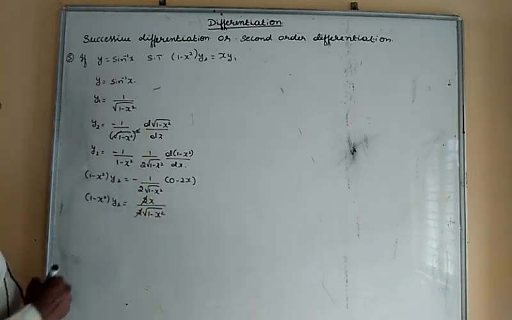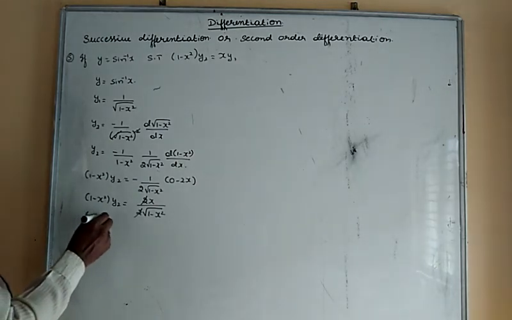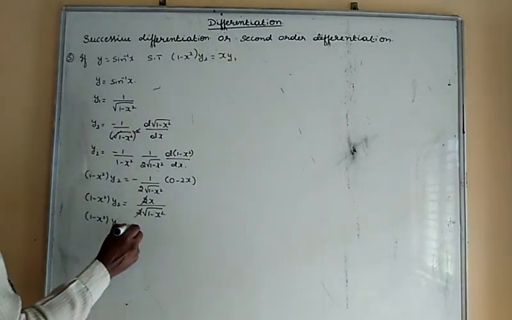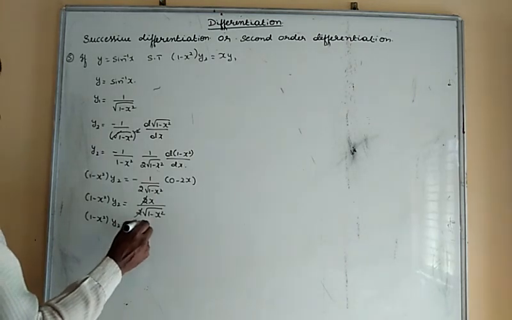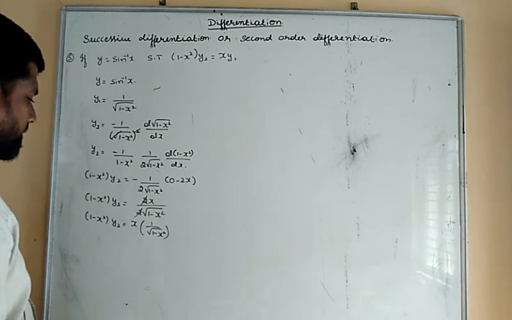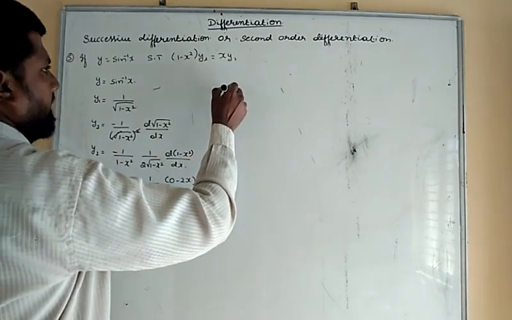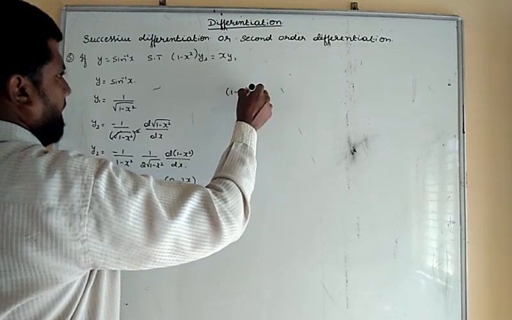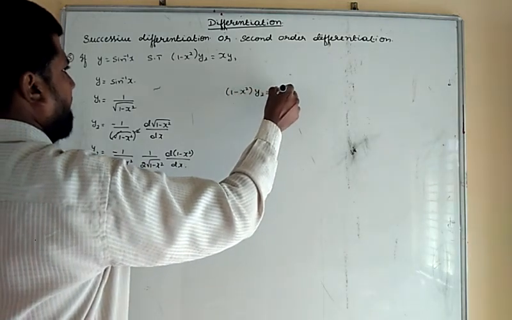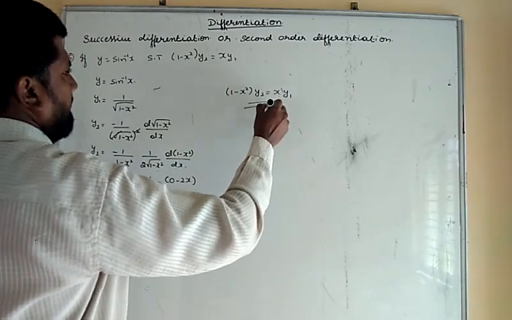You can cancel this. So 1 minus x square into y2 is equal to x into 1 by square root of 1 minus x square. Here y1 means 1 by square root of 1 minus x square is there. Let us substitute here: 1 minus x square into y2 is equal to x into y1. So this is the answer.